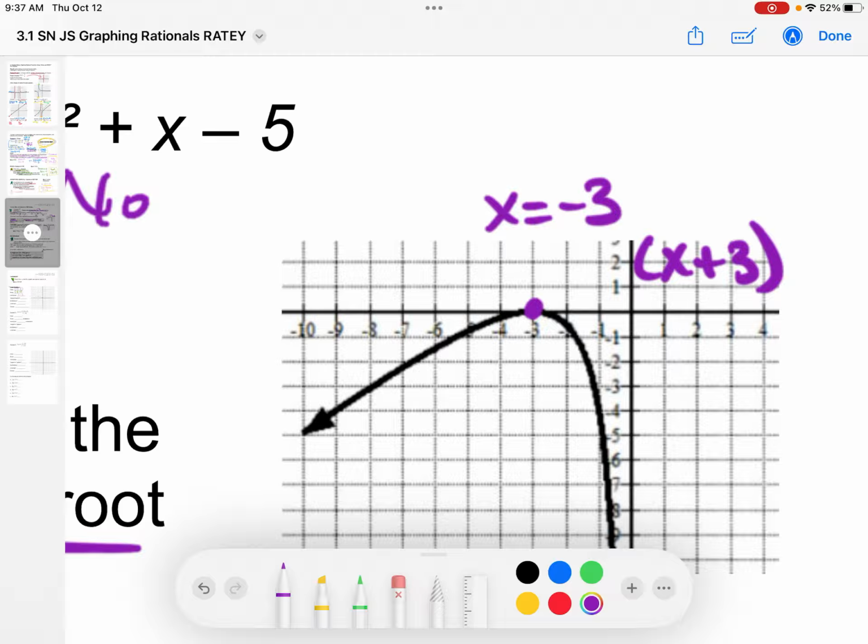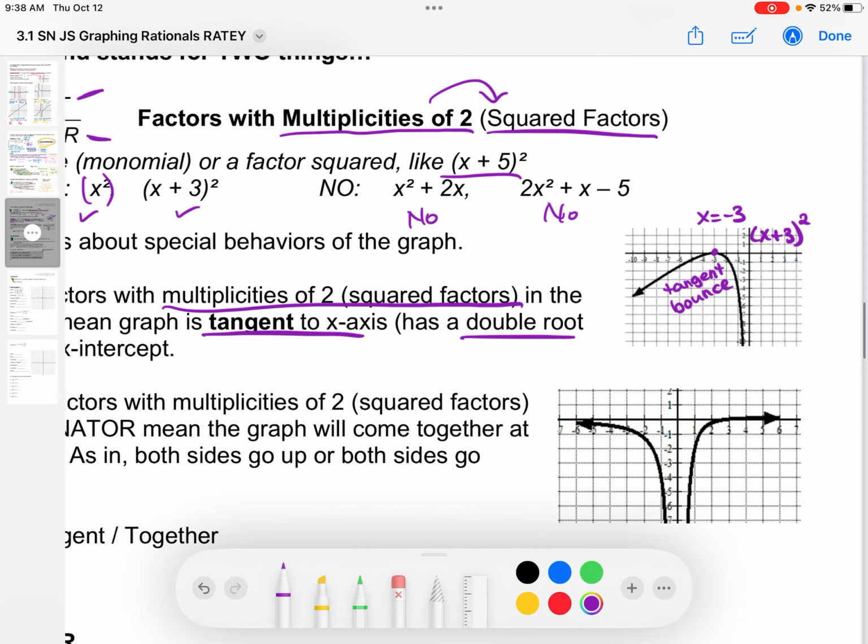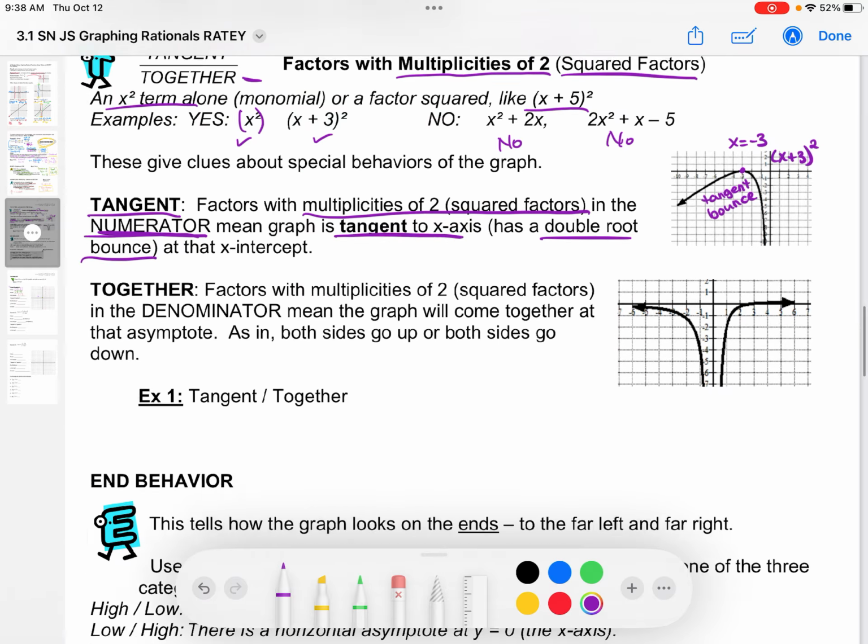That means x plus 3 was a factor, and because of the tangent bounce, that factor was squared.